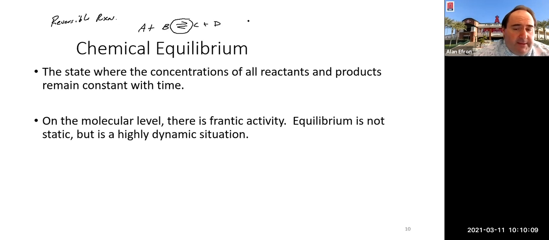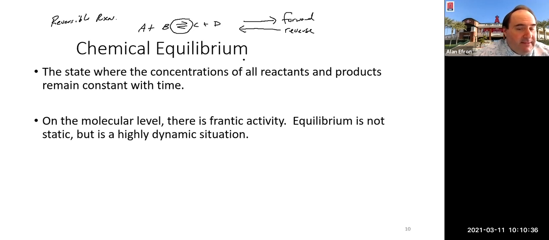Usually when we go from reactants to products, we refer to that as the forward direction. When we go from products back to reactants, that is usually referred to as the reverse direction. And when something reaches chemical equilibrium, it's important to remember what that means.